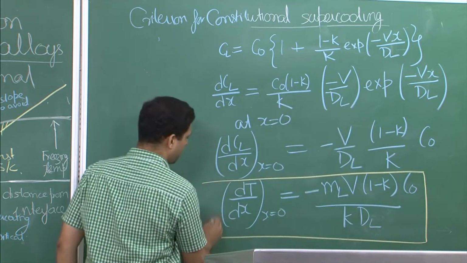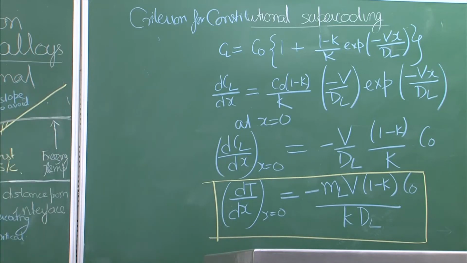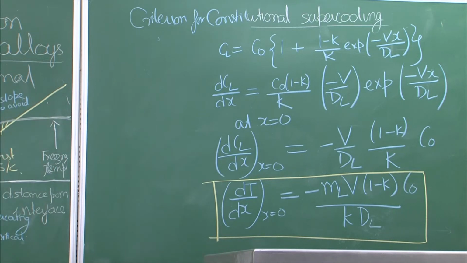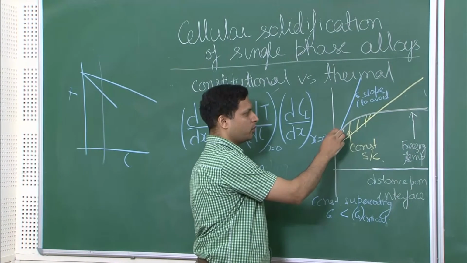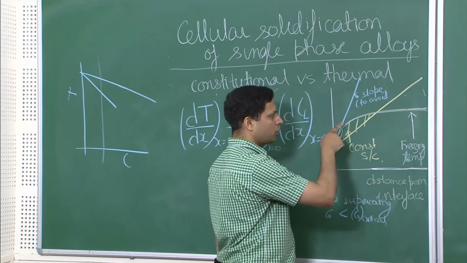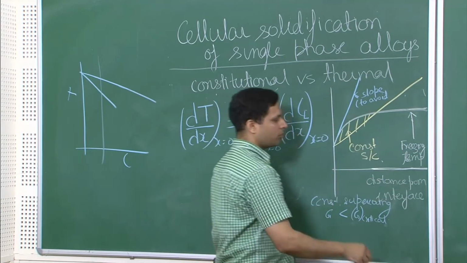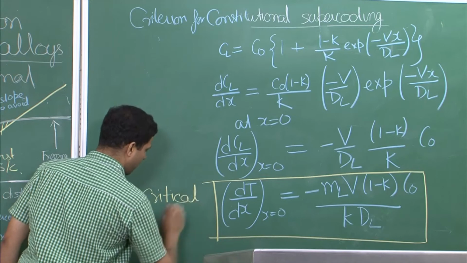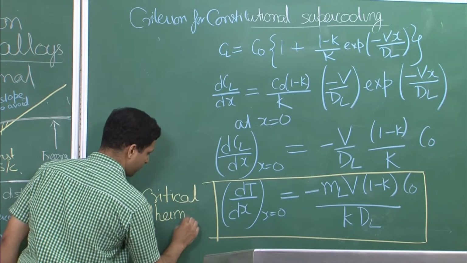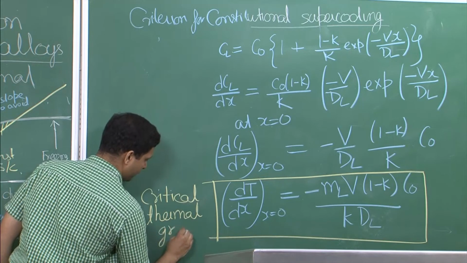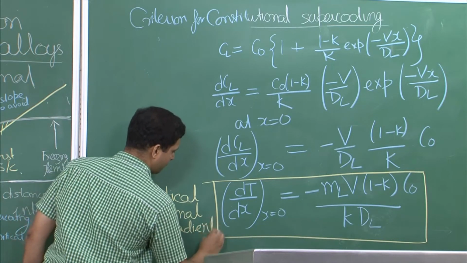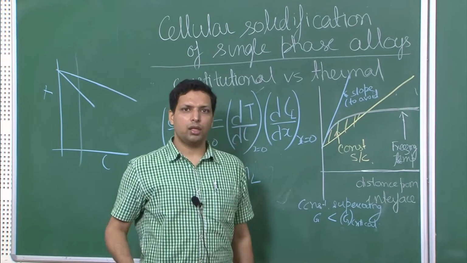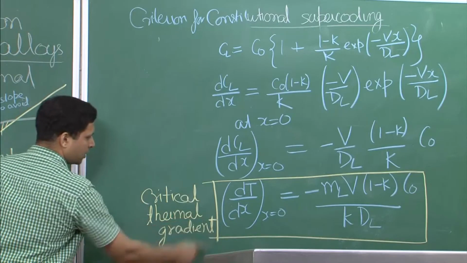This is the critical thermal gradient. Now we have already said, if you want to have supercooling, then your actual thermal gradient should be lower than this critical thermal gradient.